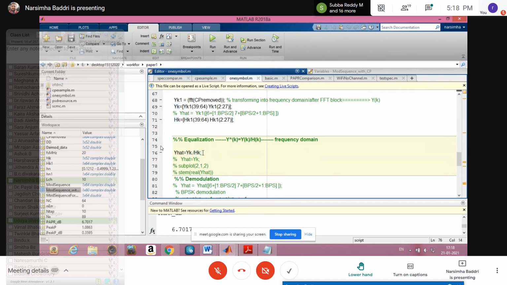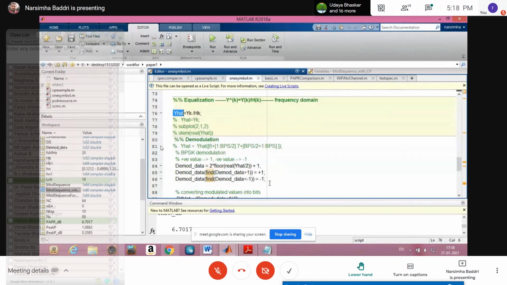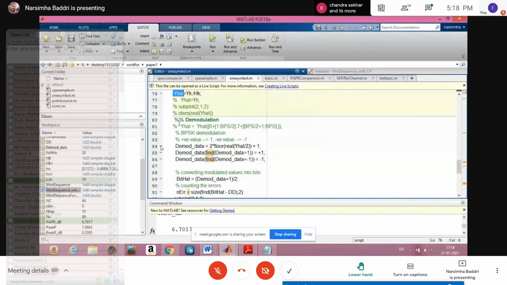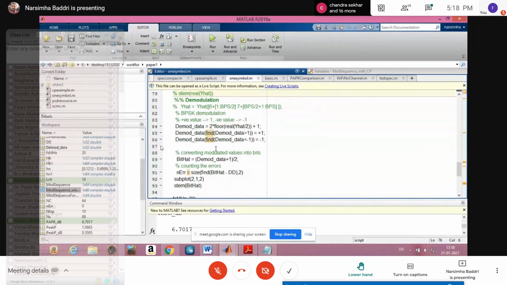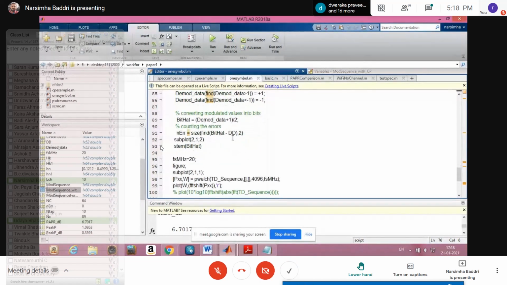Simply we are equalizing with this known channel frequency response. So y hat equals yk dot division, because we perform sample-to-sample division, dot slash hk. This will be the equalized data.